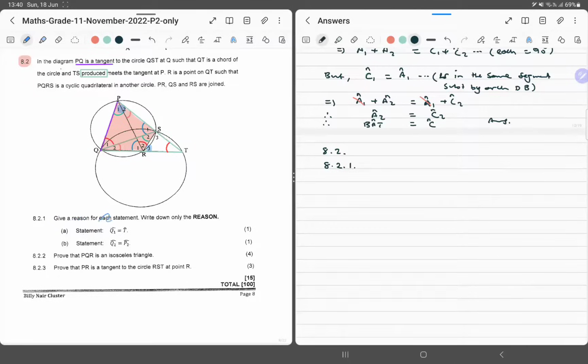8.2.1 says, give a reason for each statement. Write only the reason. Okay? We just want the reason. So 8.2.1a, we're told Q1 is equal to T. Why is it so? Tangent-chord theorem.